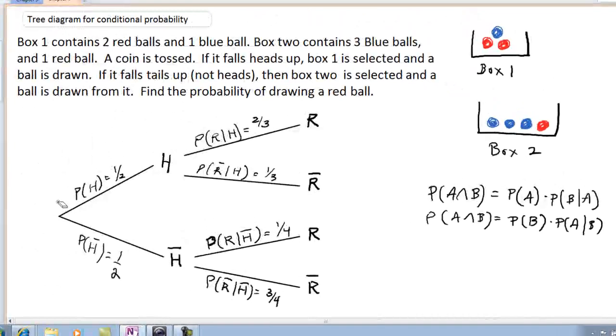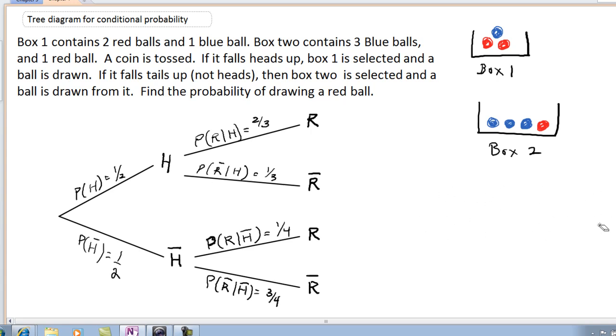We're going to multiply this one here times this one here to get the probability of both happening. Pretty straightforward. So how do I do it? Let's use my red pen. So we're looking at P of heads and red.